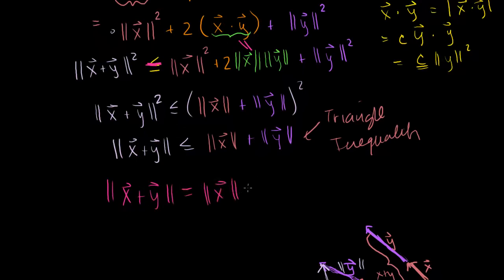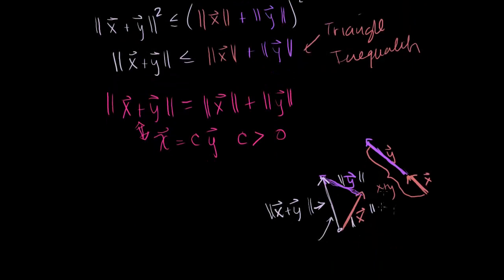The length of x plus y would equal the length of x plus the length of y in the situation where x is equal to some positive scalar times y. So c is greater than 0. These two imply each other. And we saw that geometrically.